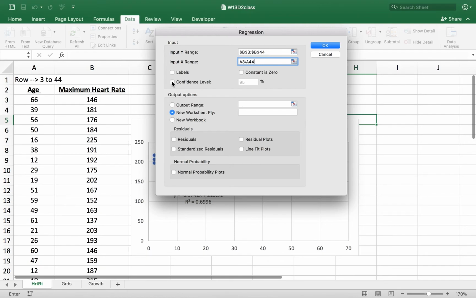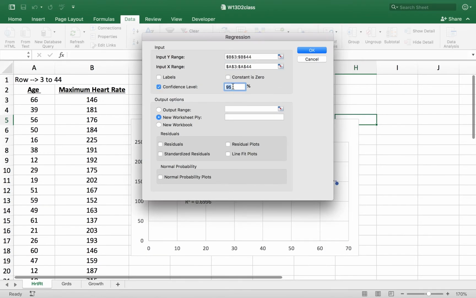Now, in the background, they're automatically going to run some confidence interval estimates for our slope and our intercept regression terms. So we can set a different confidence level if we want. Just to practice, I'm going to click this confidence level box, and I'm going to say I want confidence levels of 97%.